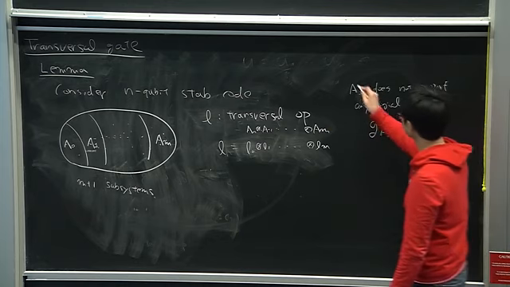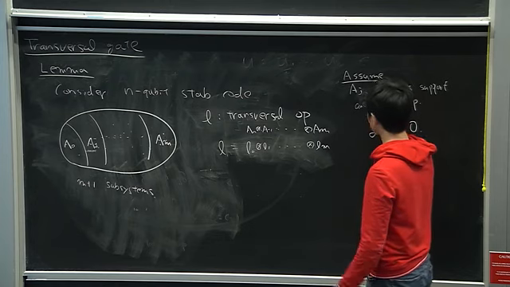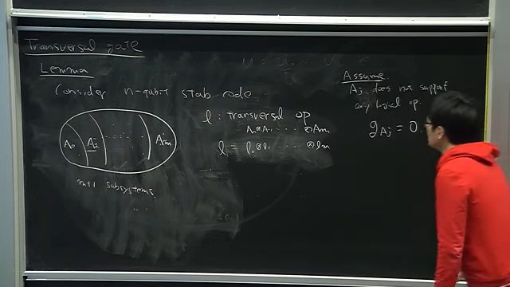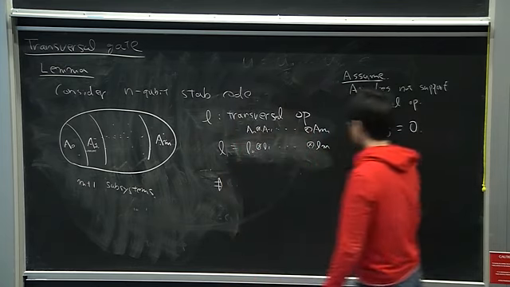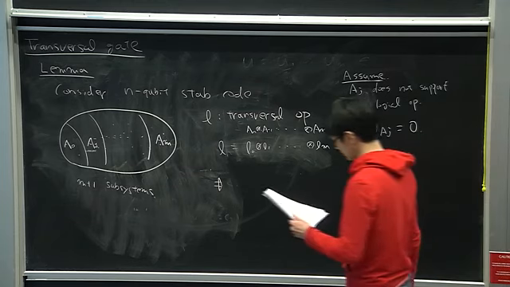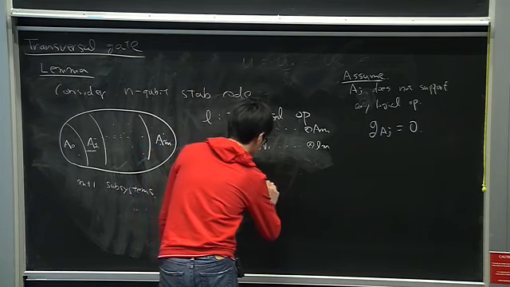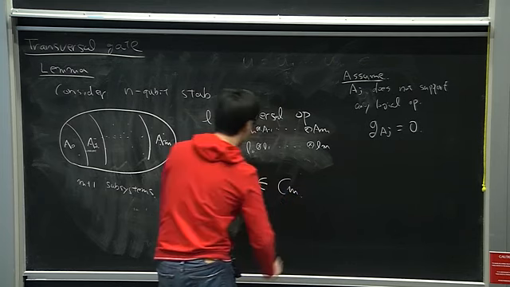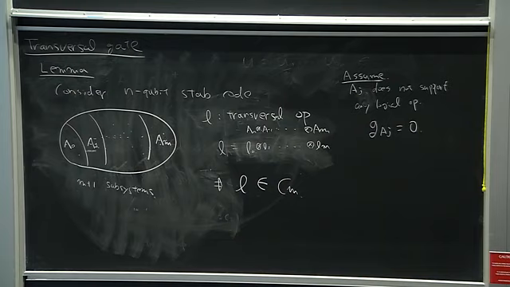This is the assumption of the lemma. Then this assumption leads to the following result: L should be in the nth level of the hierarchy.